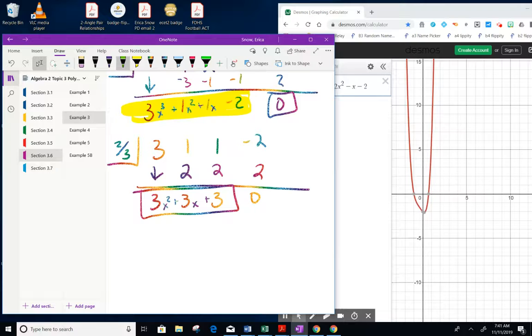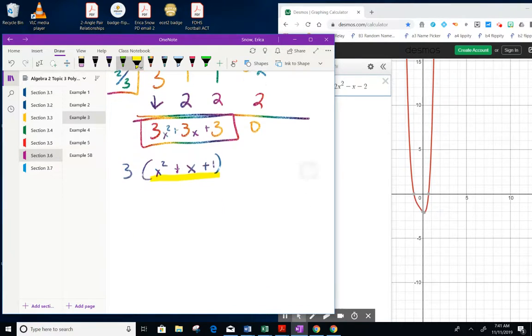So I'm going to now factor this quadratic. So we're going to get 3 times x squared plus x plus 1. And we are now going to do the quadratic equation with this. So we get negative b plus or minus the square root, b squared minus 4ac all over 2a.